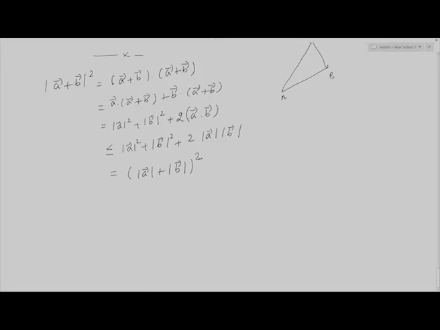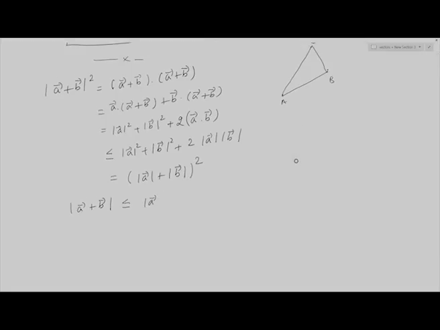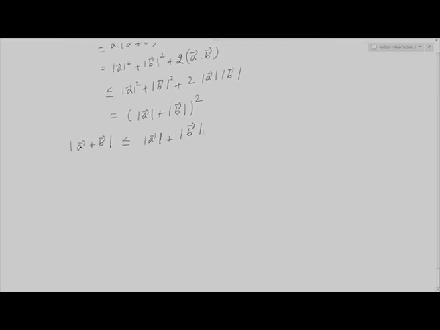Now, taking the square root on both sides, what we have is mod of A plus B is always less than or equal to mod A plus mod B. So, this is known as the triangle inequality.